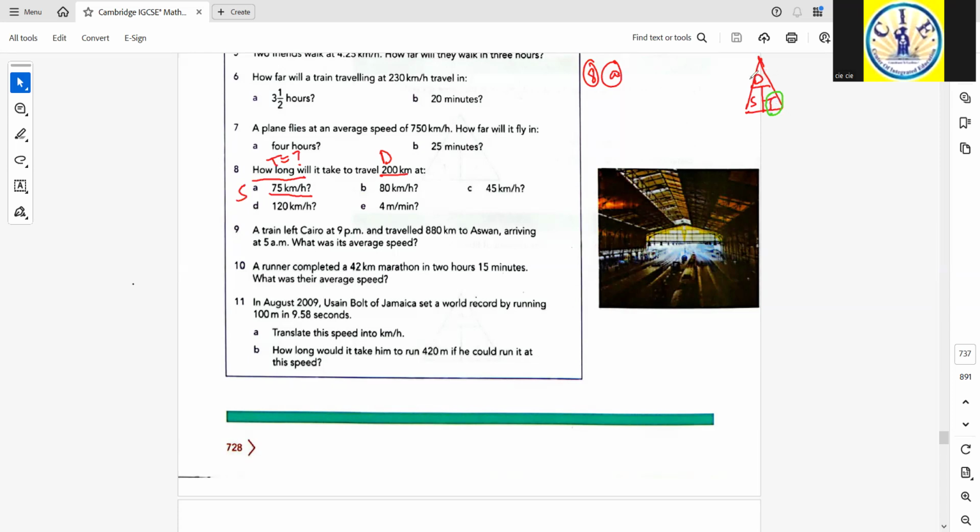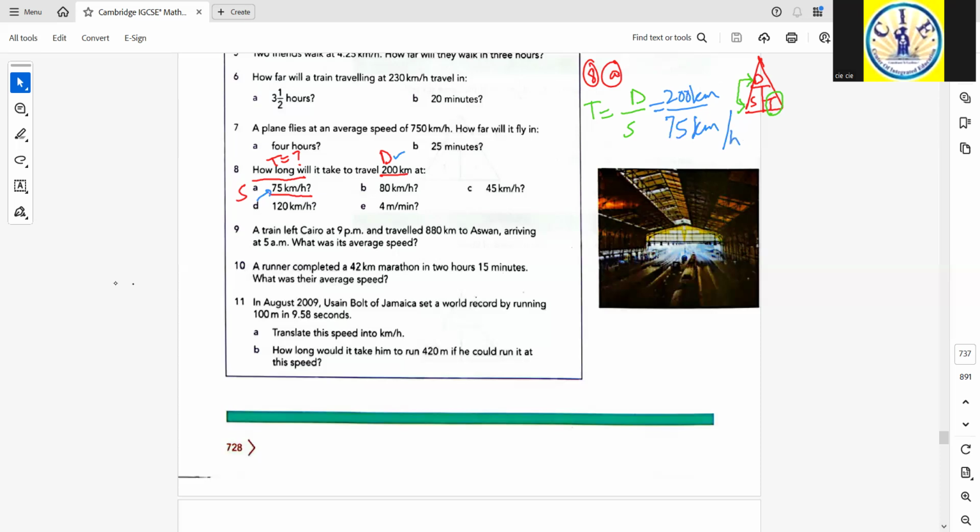So that means we need to divide distance by the speed. So time is going to be distance divided by speed, and the values when substituted would give us distance is 200 kilometers, and the speed is 750 kilometers per hour.